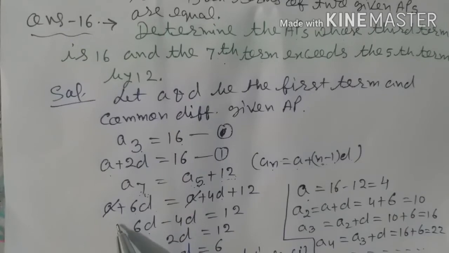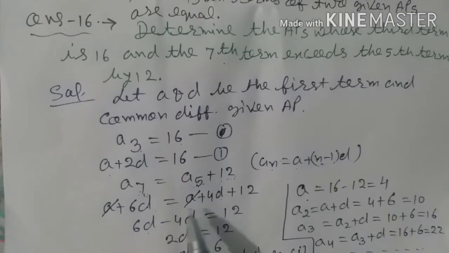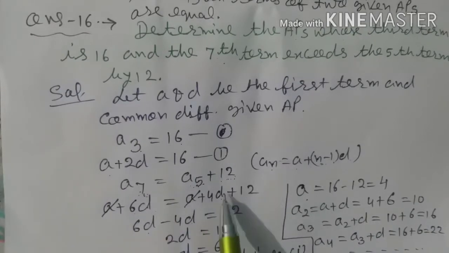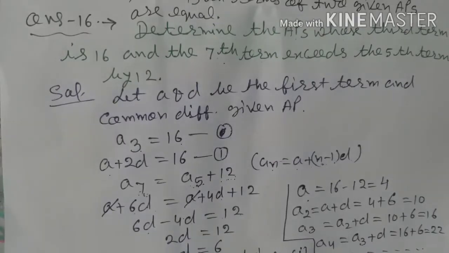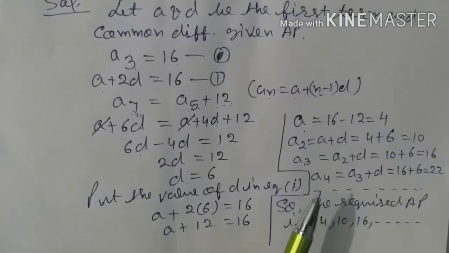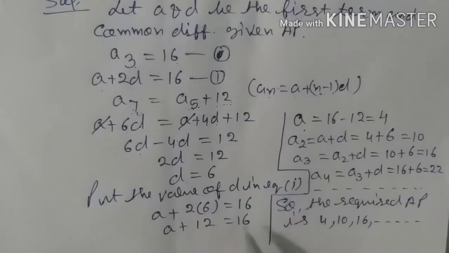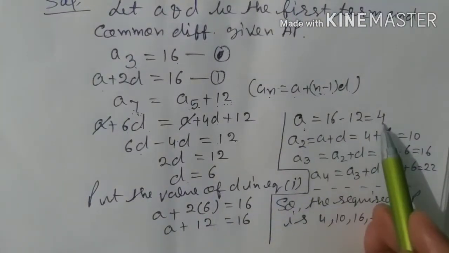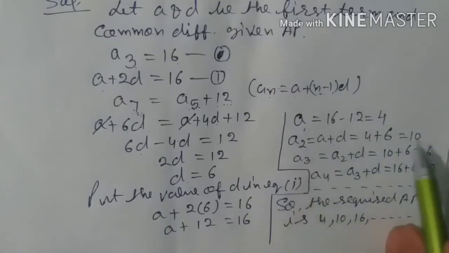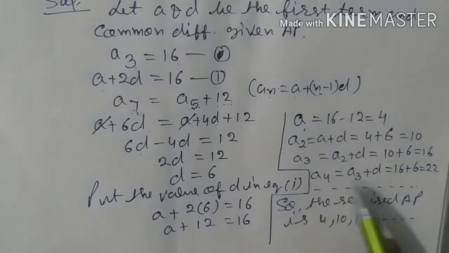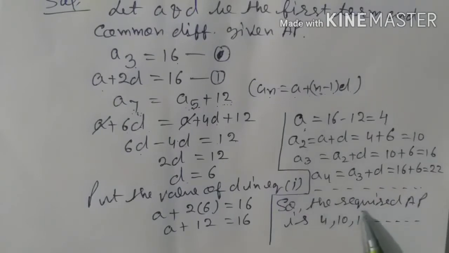A cancel to each other because A transposing here becomes minus A, then plus A minus A cancel. Now 6D minus 4D is equal to 12, then D is equal to 6. Now put the value of D in equation first, then A is equal to 4. Now A2 is 10, A3 16, A4 22. So therefore the required AP is 4, 10, 16, and so on.